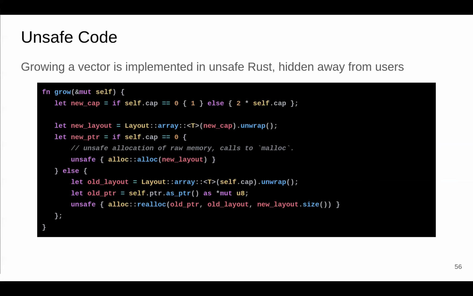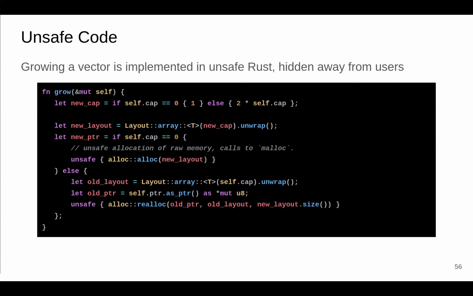You grab the new array layout. If cap was 0 before, you just allocate the new layout. Otherwise, you do a realloc. And alloc and realloc need to be wrapped in unsafe to update all the different references in here. And it's a nice escape hatch, how you can interface with the underlying system without being too complicated and dancing around these issues.